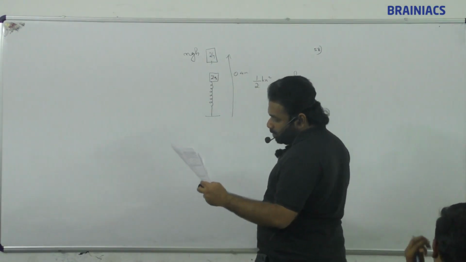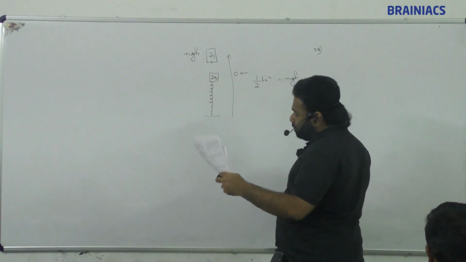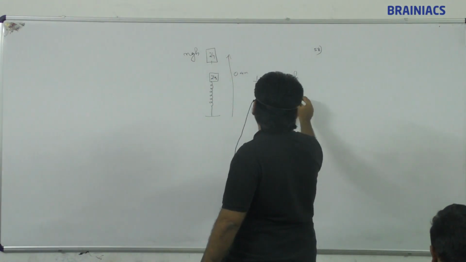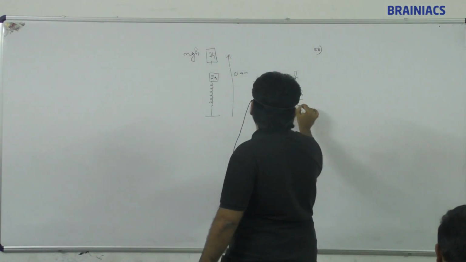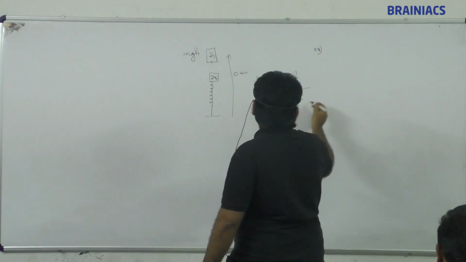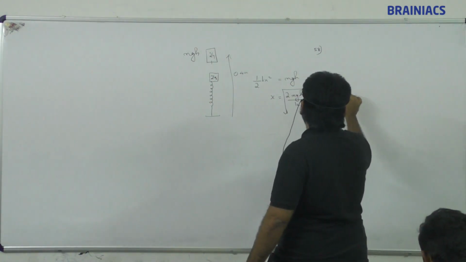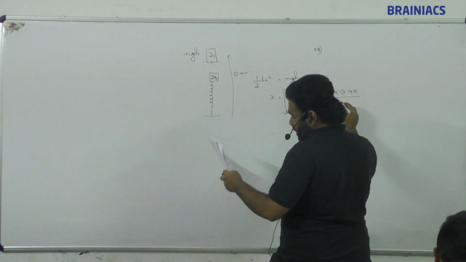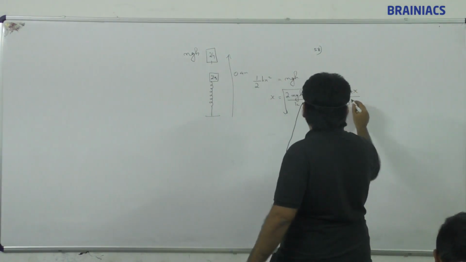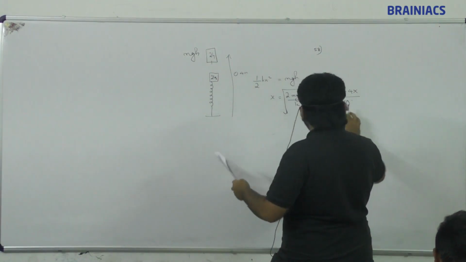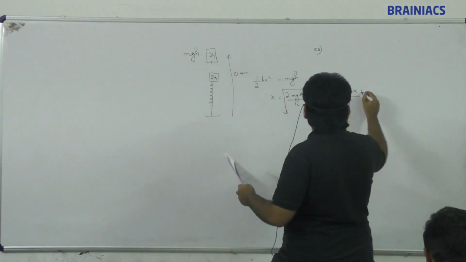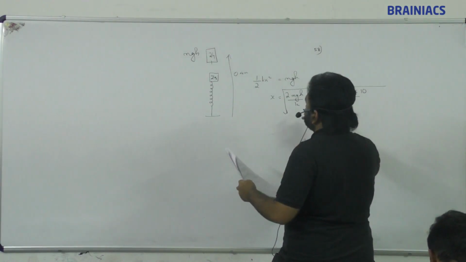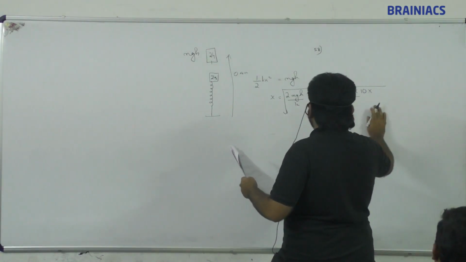What they are asking is, how much is the maximum compression? So x is equal to root of 2mgh divided by k. So 2 into 0.4 into, what is k? 1960, and g is going to be 10. What is the mass? 2 kilogram.